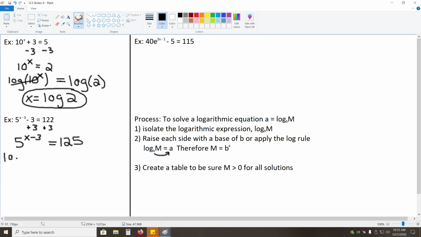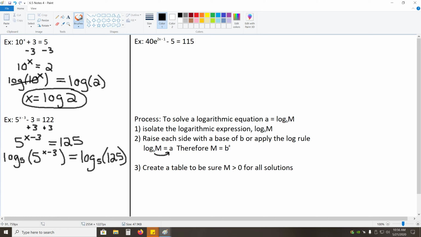So we're going to take log base 5 of each side of the equation. Just a reminder, when we take log of each side of the equation, we are not multiplying by log, we're plugging each side into the logarithmic function.